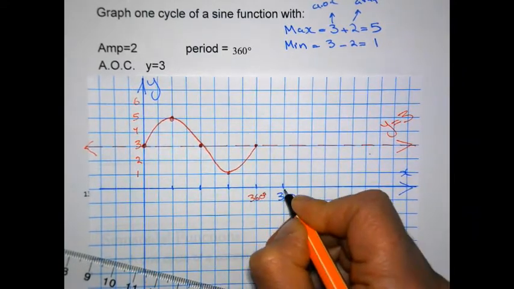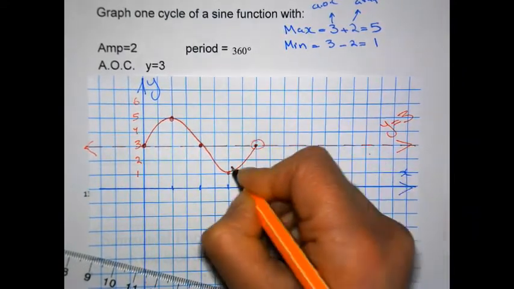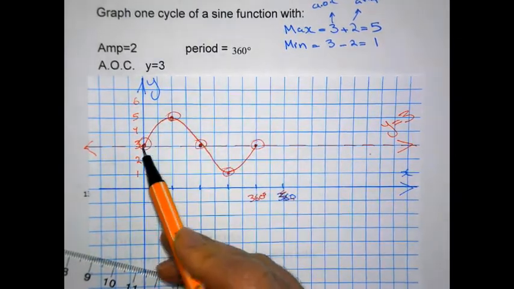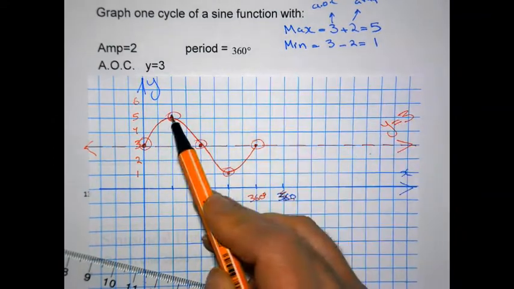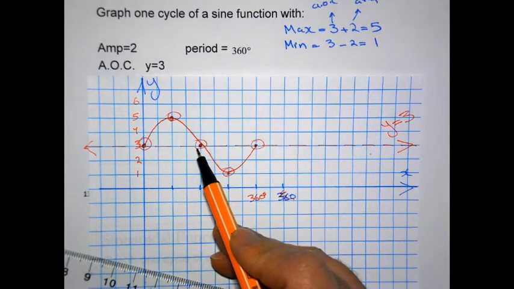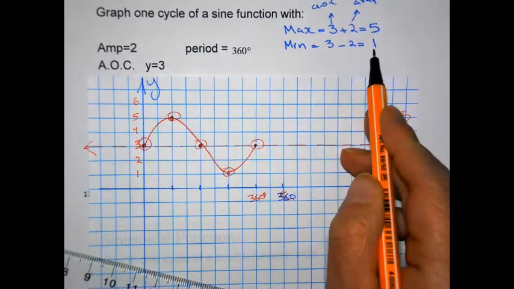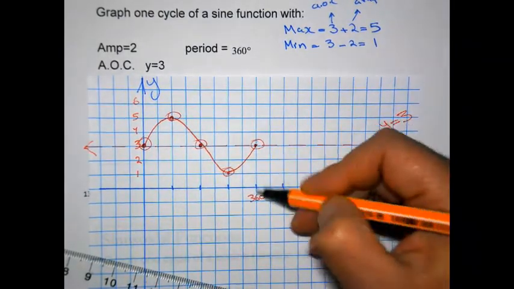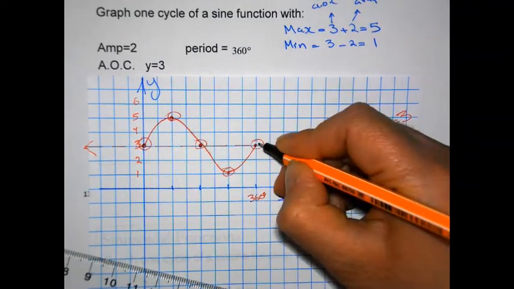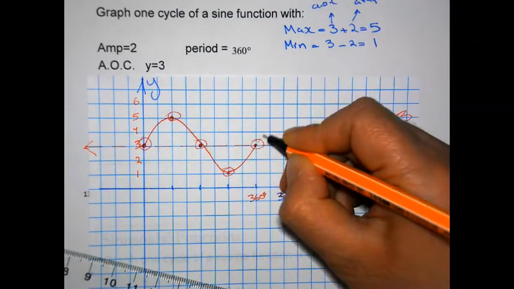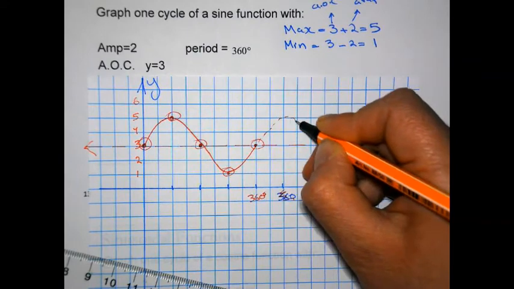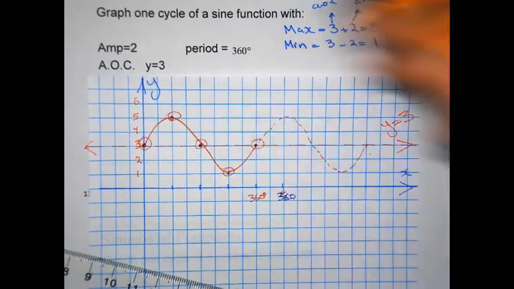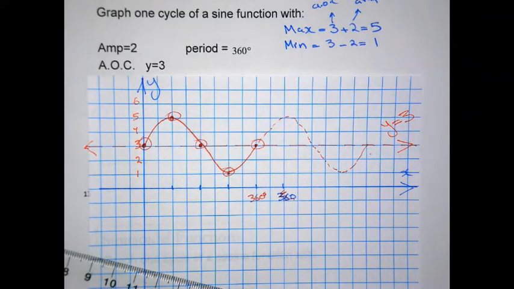We talked about 5 key points. The pattern was axis of curve, max, which is 5, back to axis of curve, go to minimum, and then go to axis of curve. And the whole period was 360. Now you know that this thing will continue forever. You were not asked to do it, but you know that forever this pattern is going to continue.